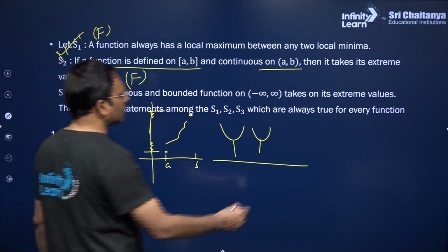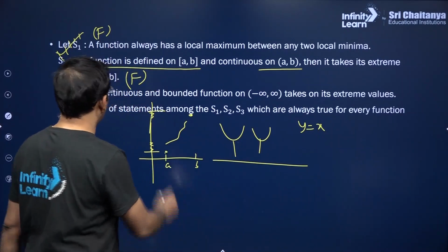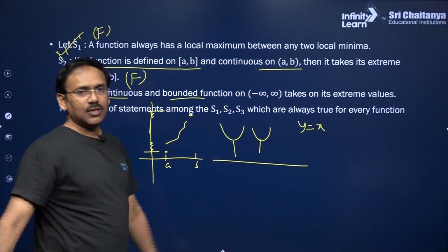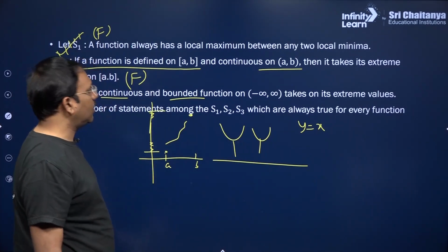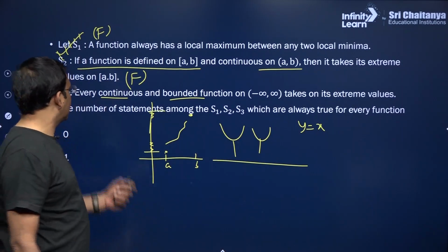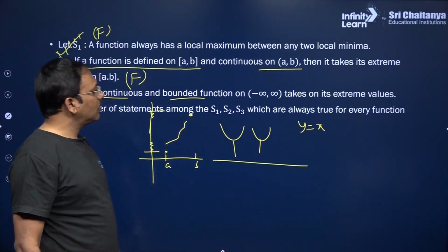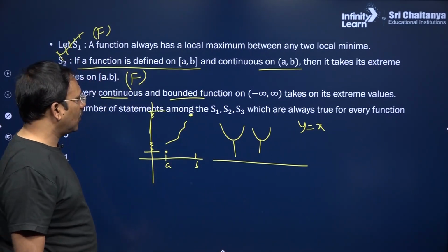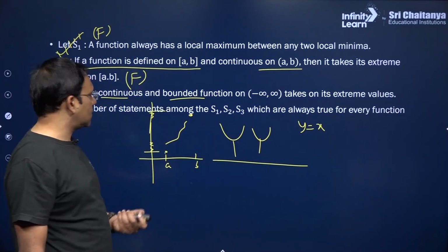Just take the function y is equal to x, and he said every continuous and bounded function, you have to take a bounded function on minus infinity to infinity, it takes on its extreme value, maybe, right. The graph is continuous and bounded in between any two fixed numbers. So it takes its extreme values, definitely, because the graph is continuous, it is possible.